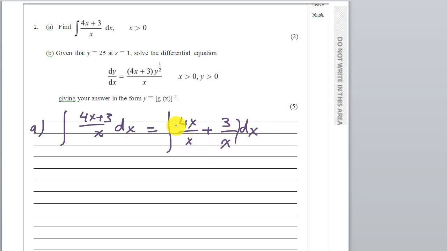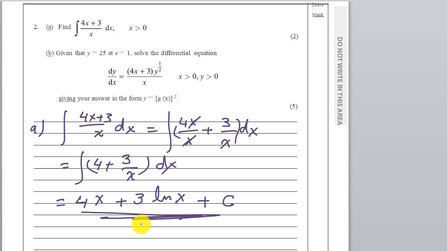So this x with this x, it's equal to the integral of 4 + 3/x dx. So it's equal to 4x + 3 ln x + c. And this is the integration.